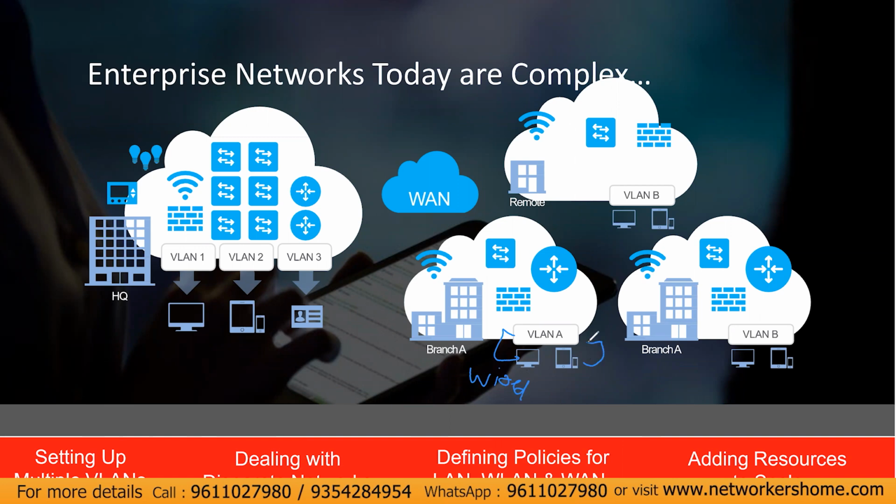Next is wireless, which to keep it simple we will call WLAN. And one is WAN, but instead of considering it as WAN, we will consider it as the VPN traffic, where users connect remotely and get access to the services in the data center.